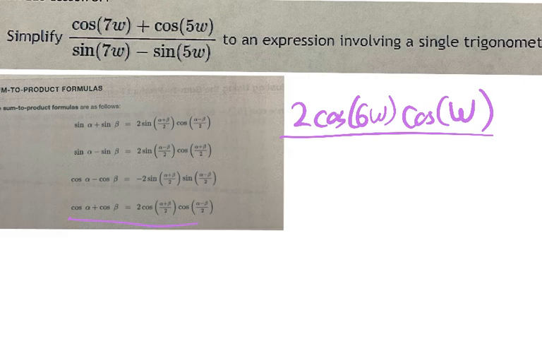Now we want to do the same thing with the denominator. The denominator is sine minus sine, so I'm going to use the second formula here. So it becomes 2 times sine of alpha minus beta. That would be 7 omega minus 5 omega, which is 2 omega, over 2, which is just omega, cosine of alpha plus beta.